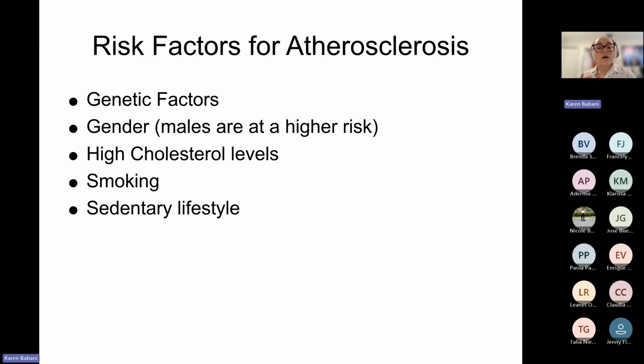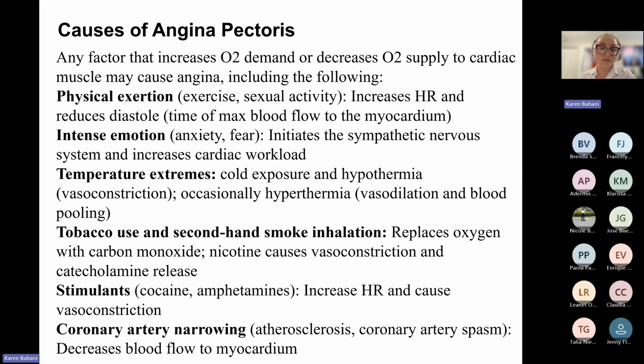If you have high cholesterol levels, especially your LDL, and your total cholesterol is elevated, you have a higher risk. Smoking would be one of those very, very high on the list of your risk factors, and having a sedentary life.